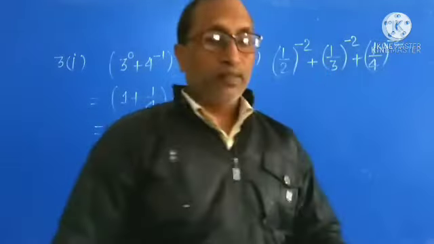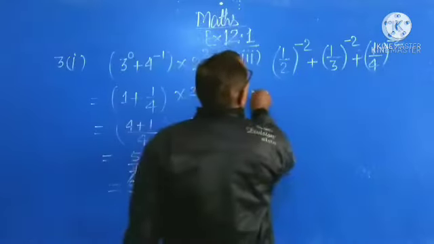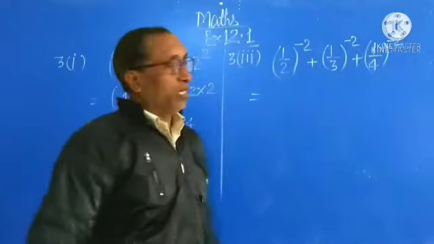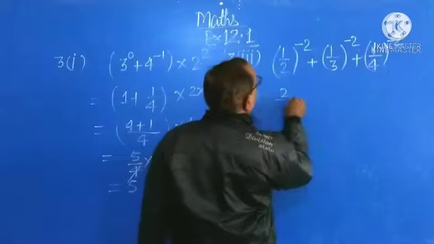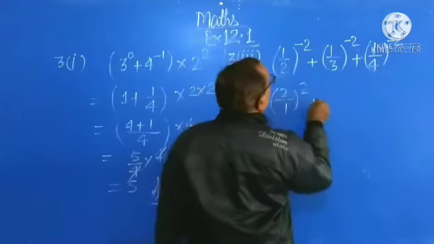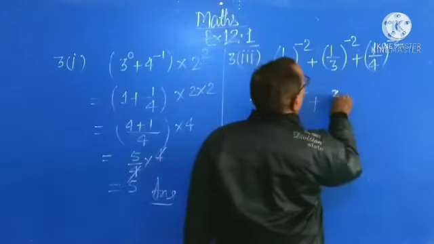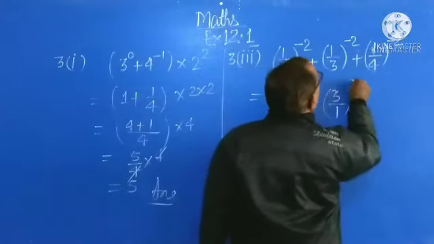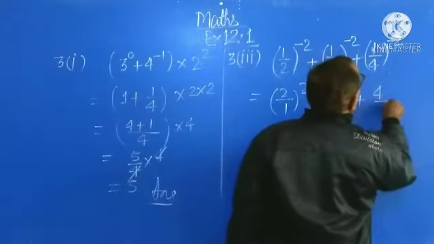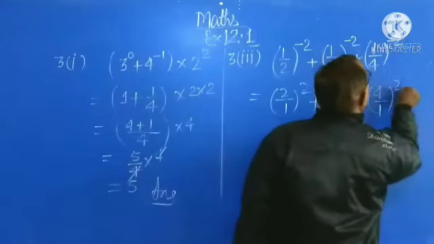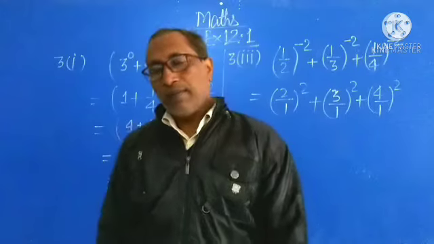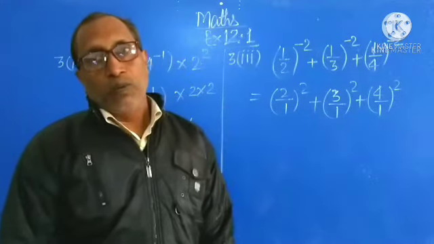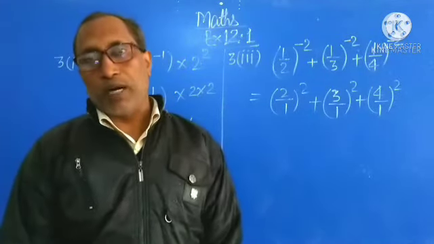You simplify and find the value. First of all, you convert all the negative exponents into positive exponents. Then you write 2 upon 1 to power 2 plus 3 upon 1 to power 2 plus 4 upon 1 to power 2, by using the law of exponent: a raised to power minus n is equal to 1 upon a raised to power n.